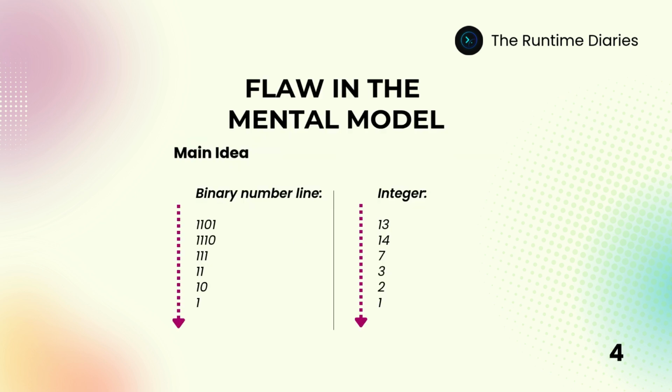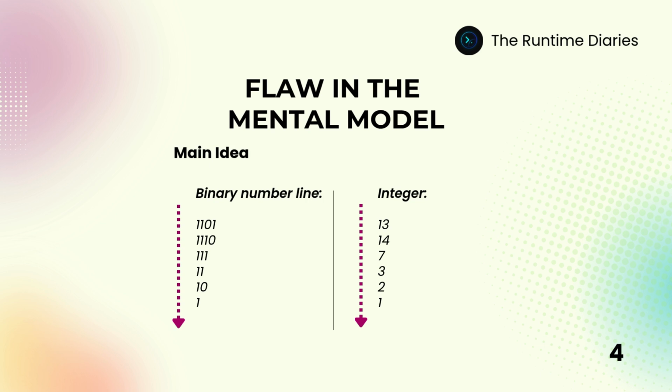Here's what I realized. I was thinking in integer arithmetic, not binary states. In base 10, adding 1 is straightforward. 13 plus 1 is 14. But in binary, that same operation means something completely different. Look at this sequence. 1101 goes to 1110, which goes to 111, which goes to 11, then to 10, and then finally 1.